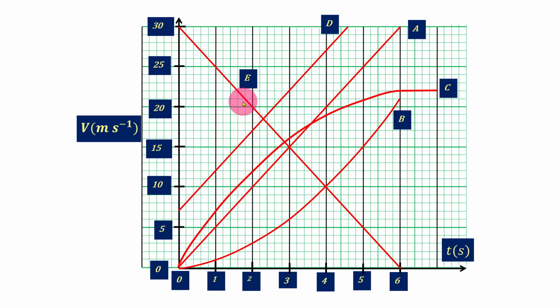Okay, so as a matter of fact, if we were to determine the gradient of the straight line E, we are able to say that, number one, it will have a negative sign. In the next video, I'm going to take you through a situation where we determine the gradient of lines on Y, on the change in Y and the change in X, as you do in mathematics. It's not different from what we are doing here.